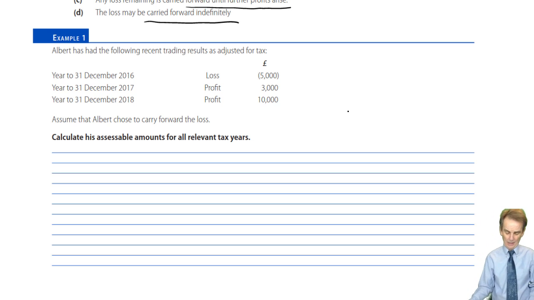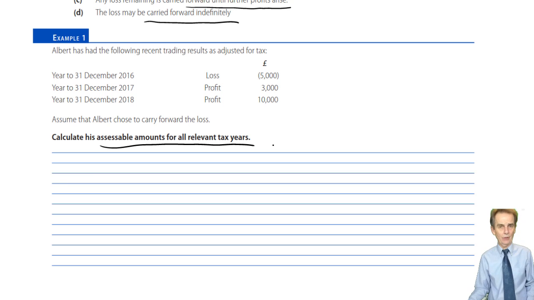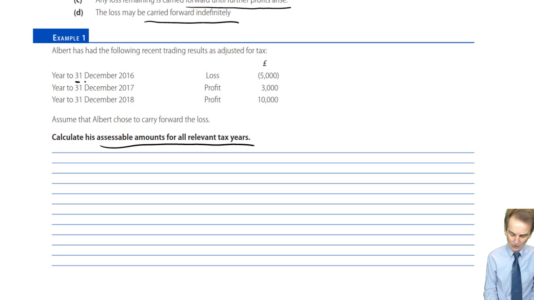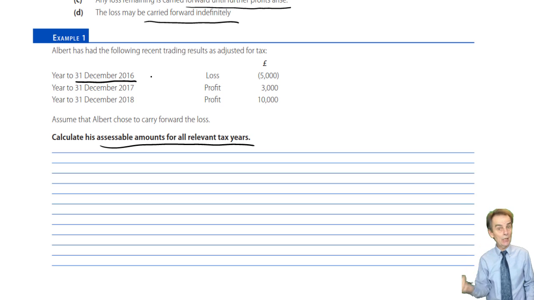So what are we told here? We've got to calculate his assessable amounts for all relevant tax years. Albert has had the following recent trading results as adjusted for taxation. Albert prepares accounts each year to the 31st of December. So using a CYB assessment, we place next to that on our question page the tax years in which we will be assessing these periods.